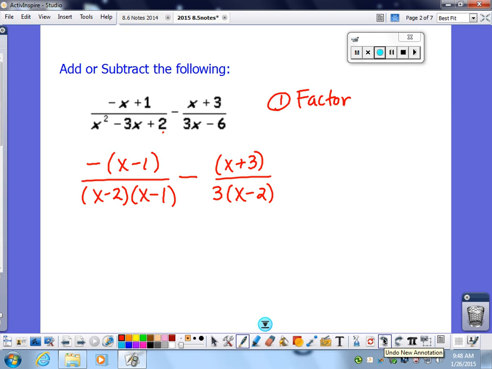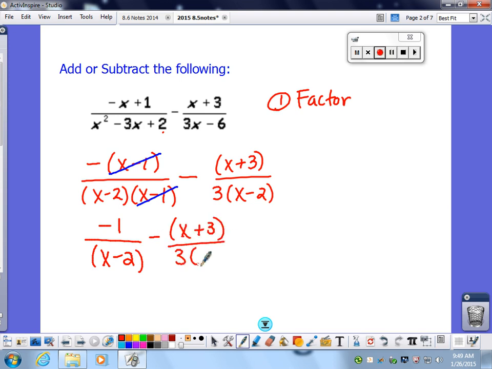So it's easier to simplify as soon as you can because you have less to carry along in your problem. So in this case, x minus 1 over x minus 1 gives us 1. So let's rewrite what we have left. So we have negative 1 over x minus 2 minus x plus 3 over 3 times x minus 2.